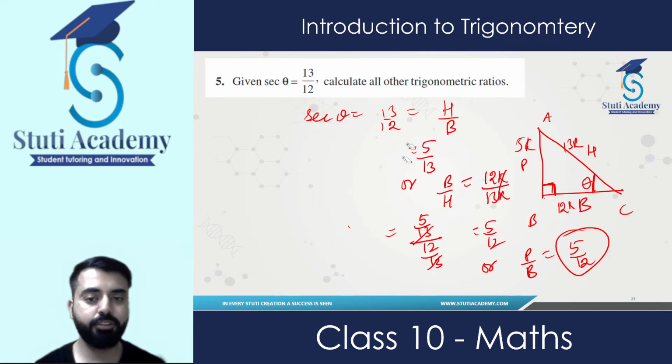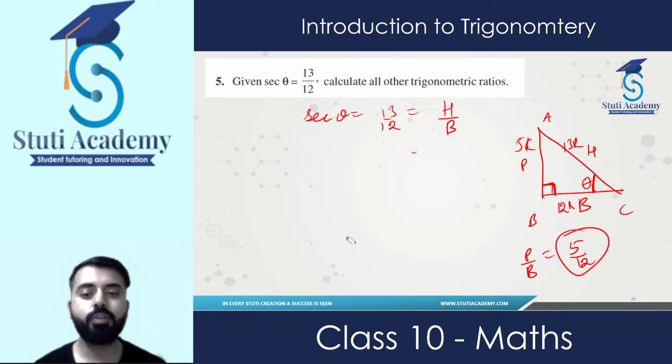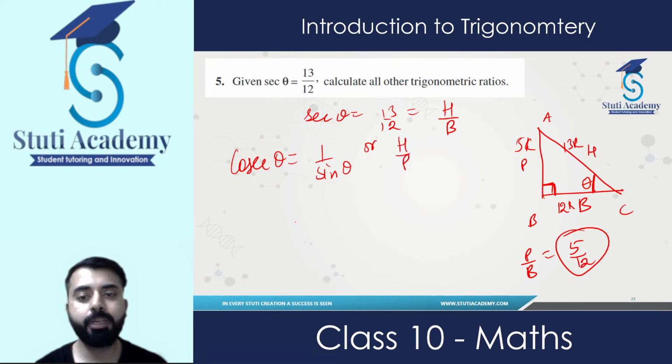If I erase this one, cosecant theta is 1 over sine theta, or you can say it is hypotenuse upon perpendicular. If it is 1 over sine theta, then it should be 13 by 5, or it can be 13 by 5 as well.